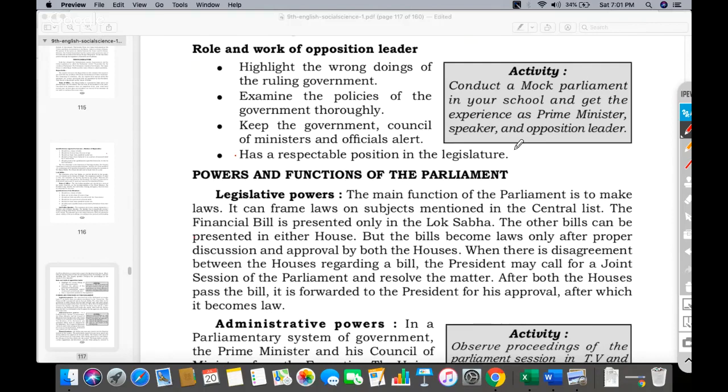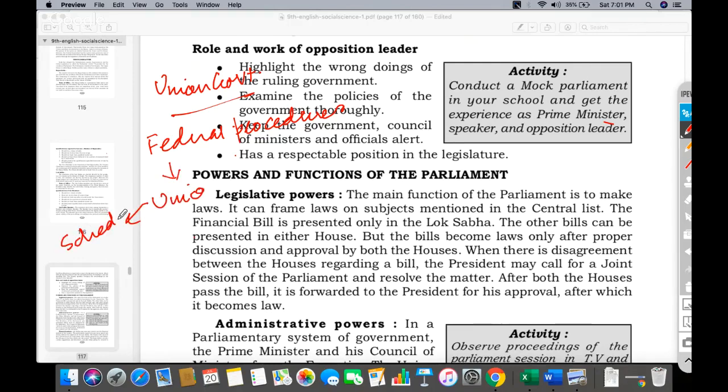So I have told you while discussing the first chapter that we have a union government, but government functions basically through federal procedure. So all the works has been divided into three lists. One is union list, and I told this is schedule 7 of Indian constitution.